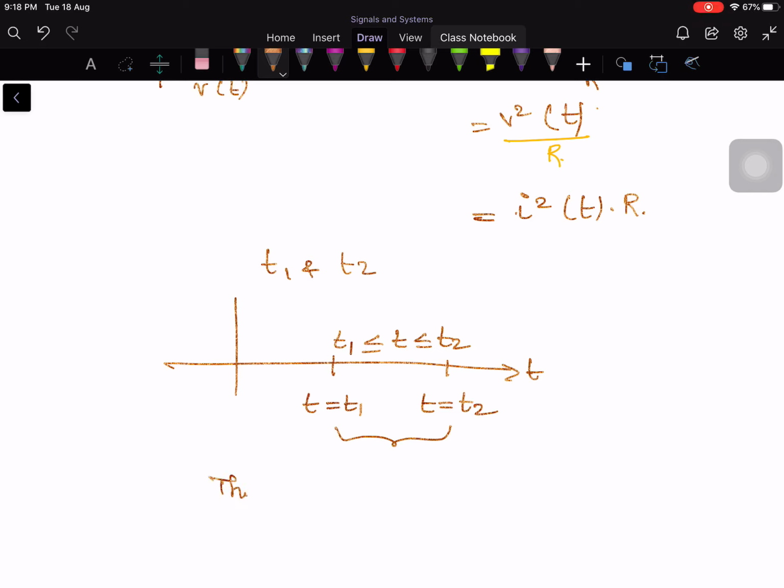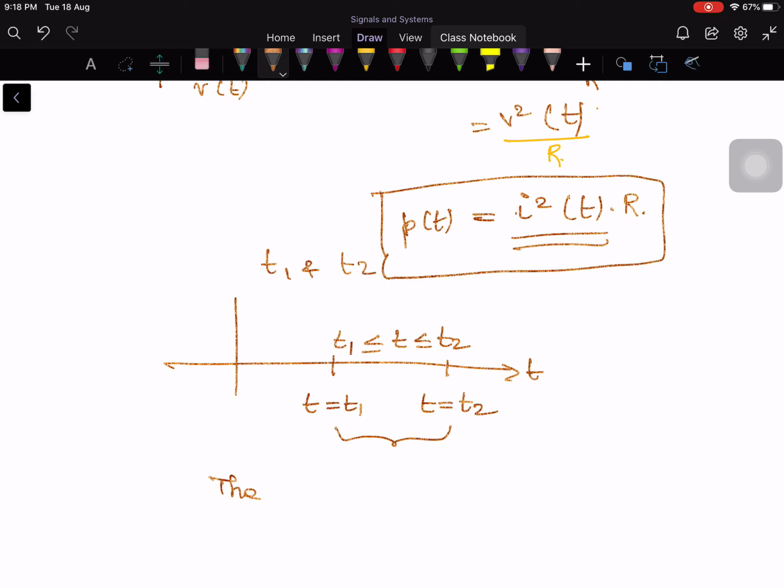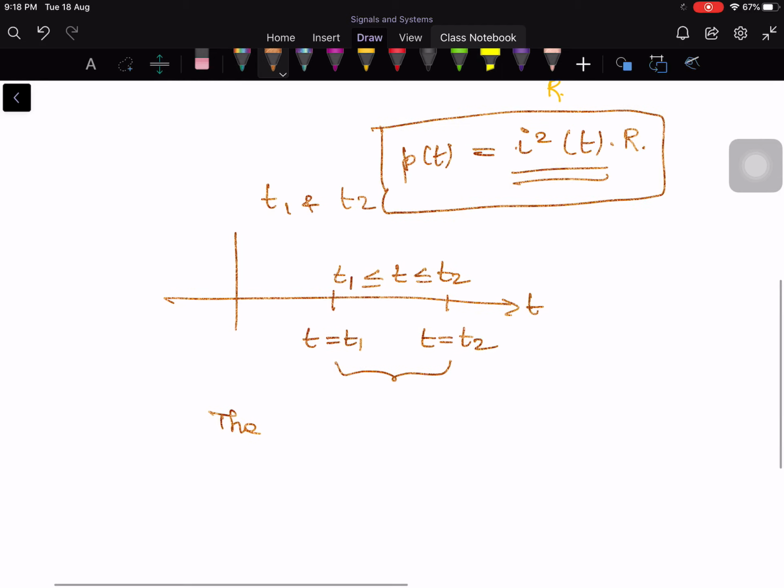This is the instantaneous power p of t, so from p of t let us find the energy over the interval t1 to t2.